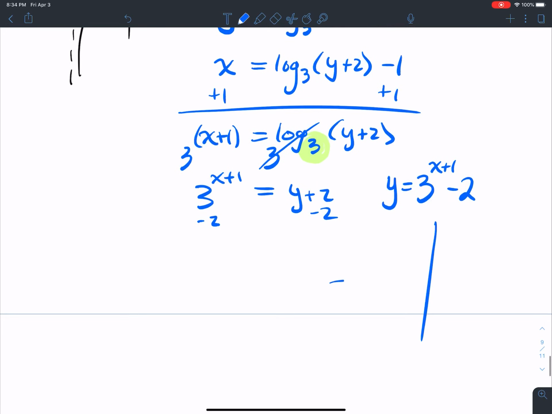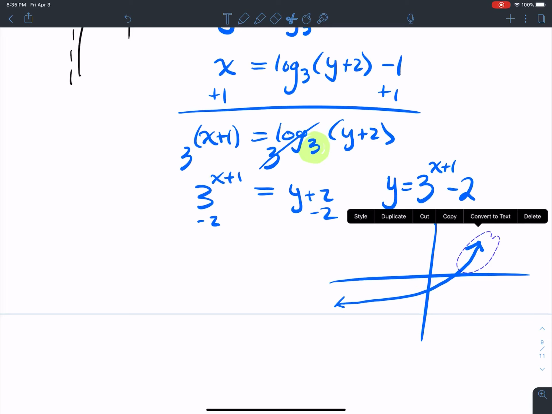So if it helps you to graph an exponential, do it, right? So an exponential, you know, is going up like this, and it's shifted, right? You're shifting down 2, okay? And then this tells me that I'm shifting to the right or to the left.